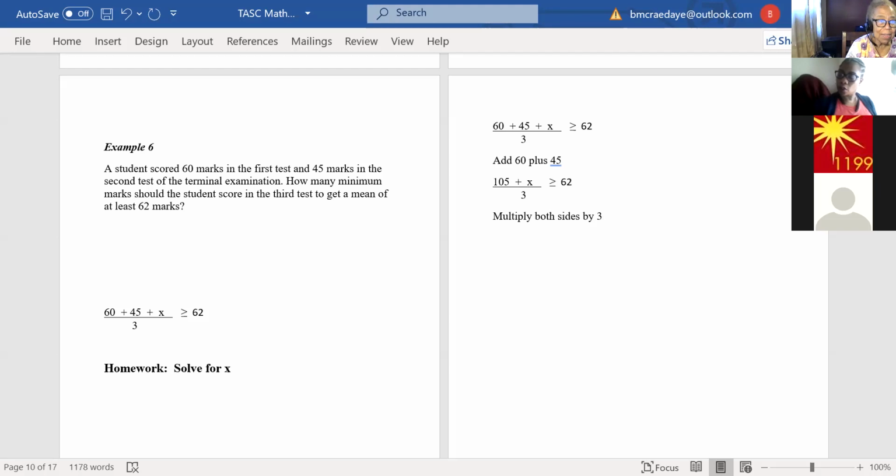With inequalities, we can do the same operations. So 3 times the left side would just give you what is in the numerator. And 3 times the 62 would give you what? 186.